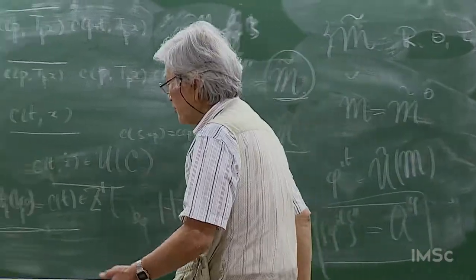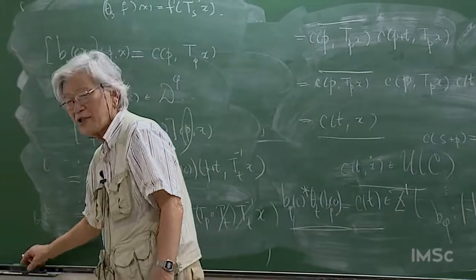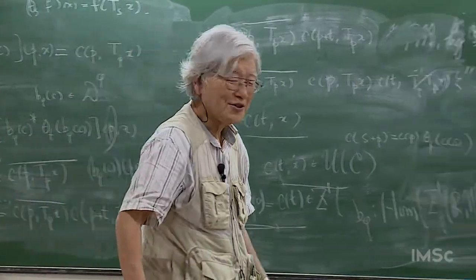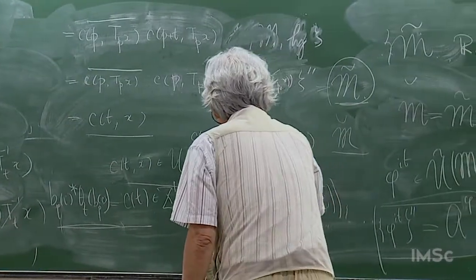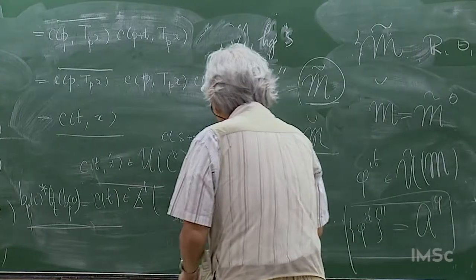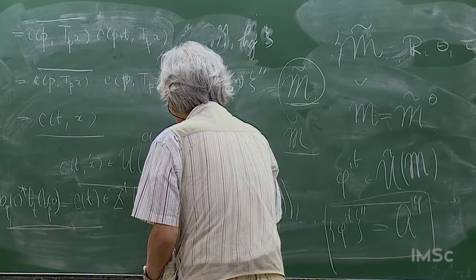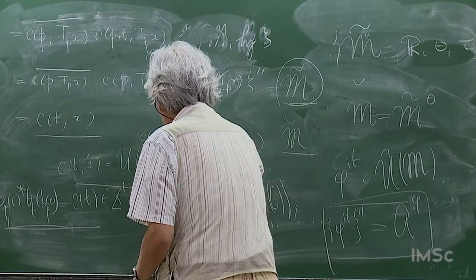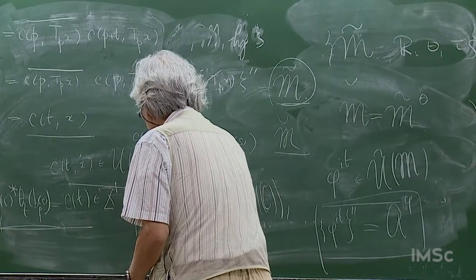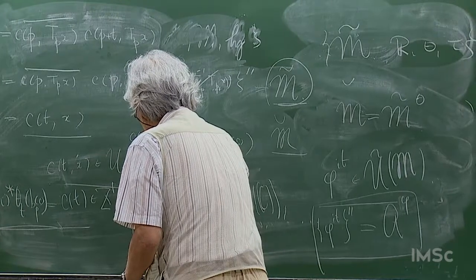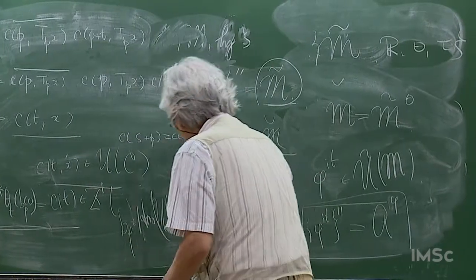I promised you I write the range always to the left, so I should continue to do that. So let me see. From the unitary of D phi. The homomorphism from here to there.